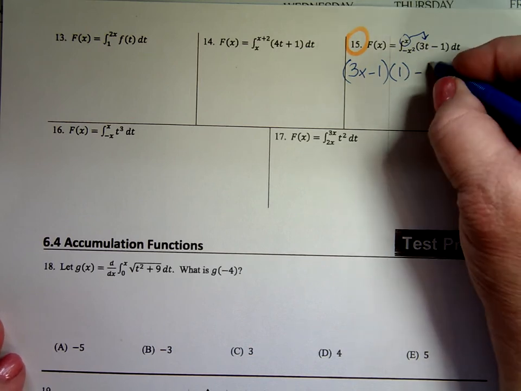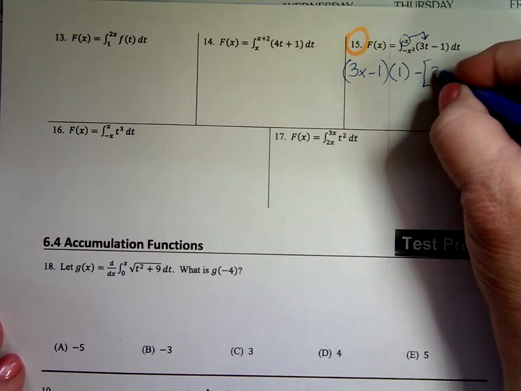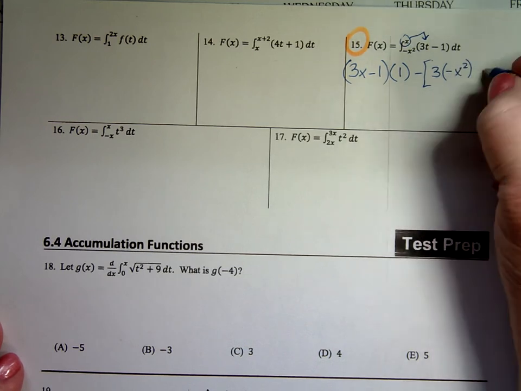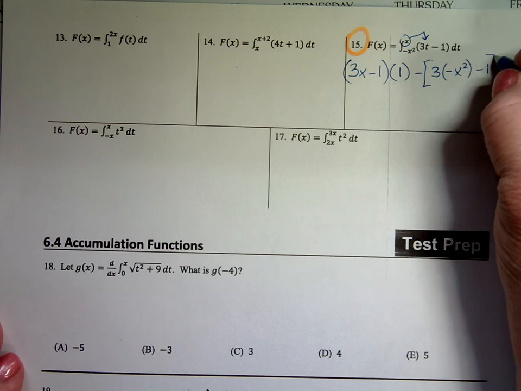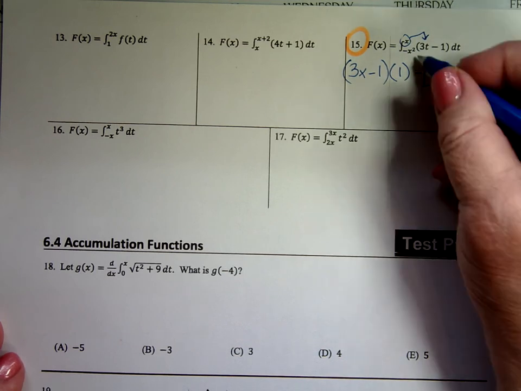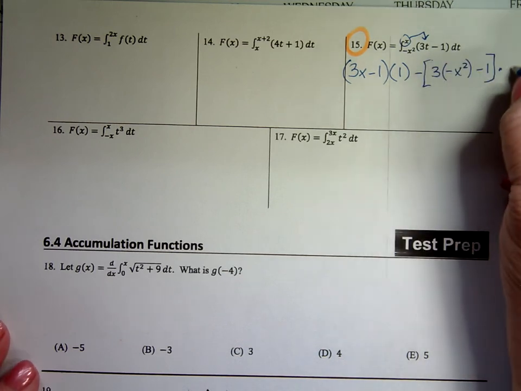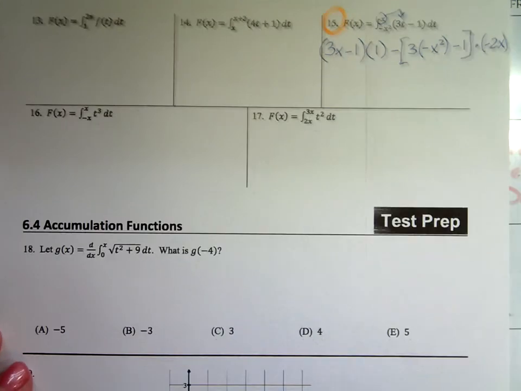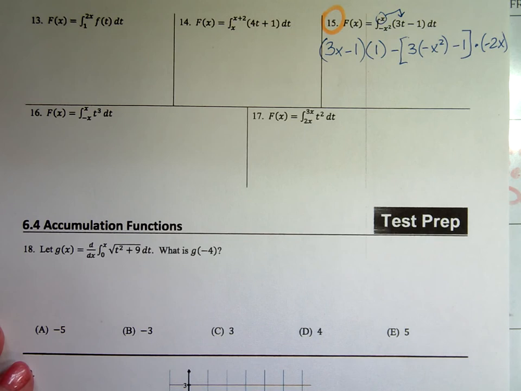Now I've got to take a negative x squared. This is going to get a little more dicey. 3 times a negative x squared minus 1 times the derivative of a negative x squared, which is a negative 2x. So let's see if we can clean this up just a bit.